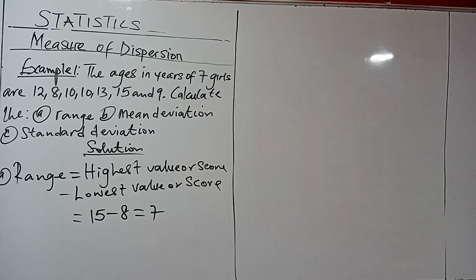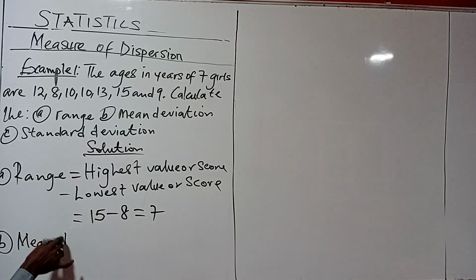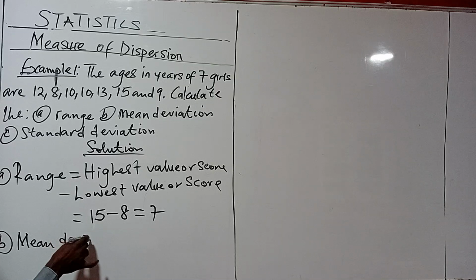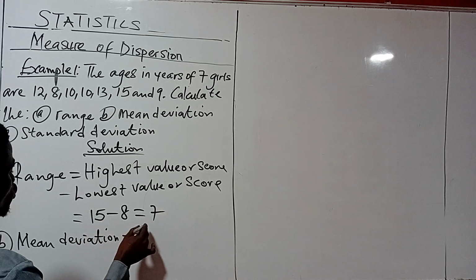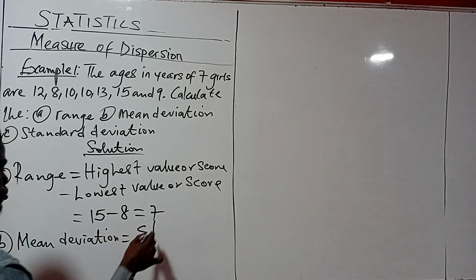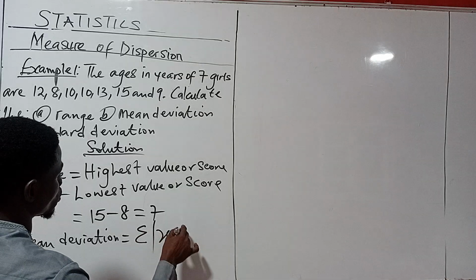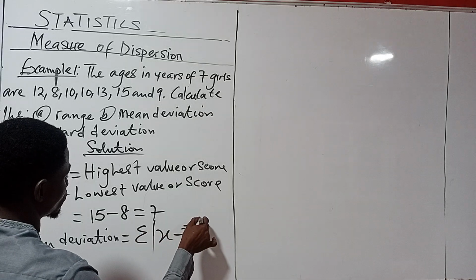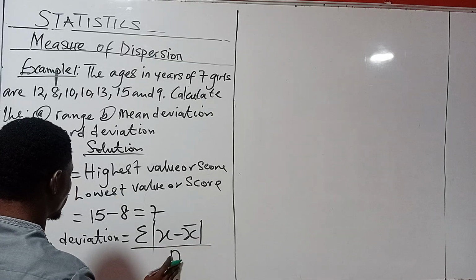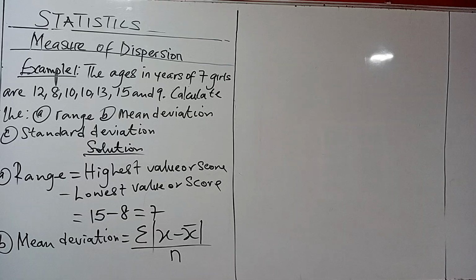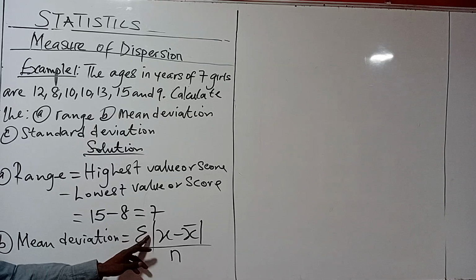Then the next one we have to calculate is the mean deviation. And what is the mean deviation formula? The mean deviation is the summation of the absolute value of x minus x bar, over n. This is for ungrouped data, so there is no attachment of f.